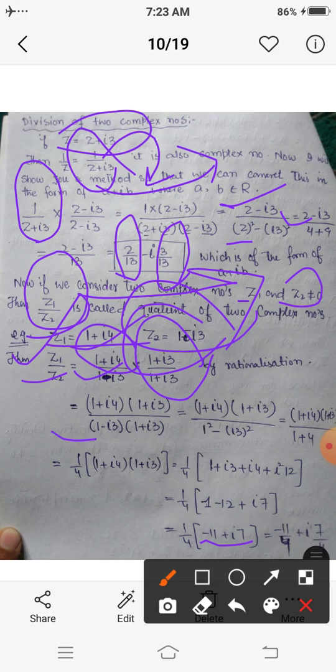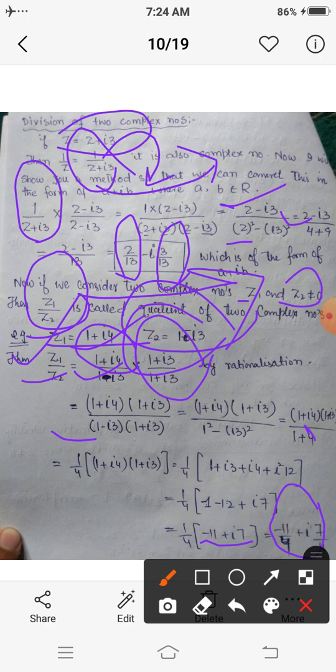A is here 1, b is here iota 3, so we have 1 plus 9, which is 10. Hence, after simplifying, the complex number is of the form minus 11 upon 10 plus iota 7 upon 10. So this is the quotient of the two complex numbers z1 and z2.